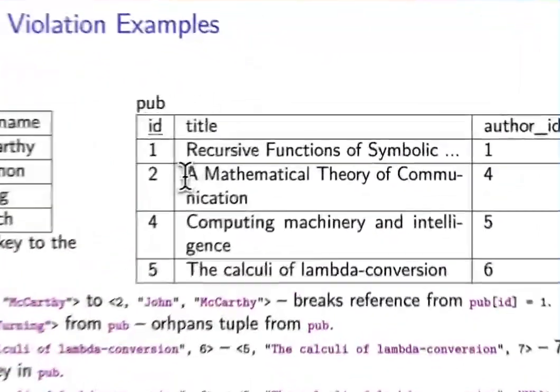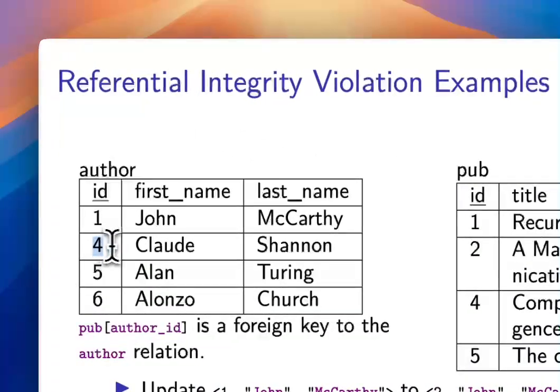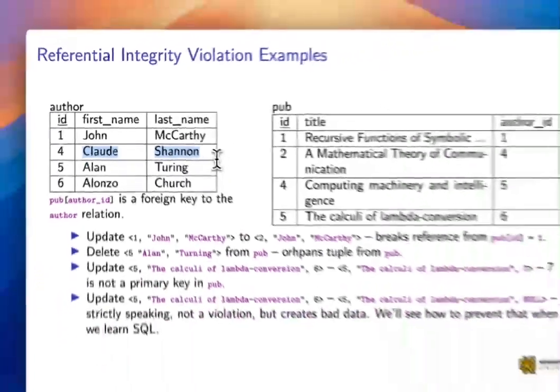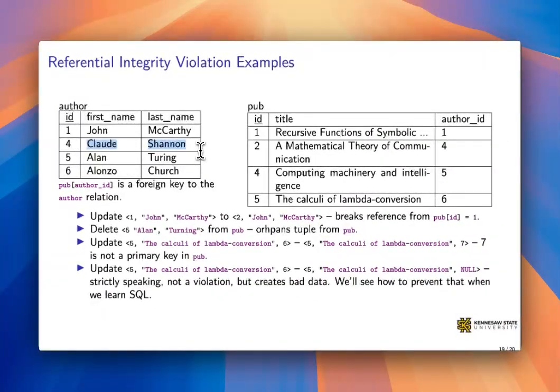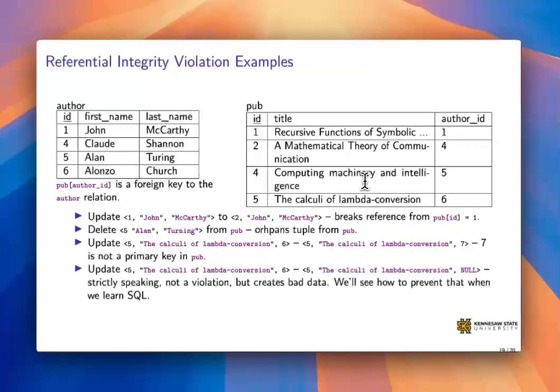A Mathematical Theory of Communication is authored by author ID 4. 4 exists in this table. Of course, that's Claude Shannon's pretty amazing discovery for a master's thesis. And so on, right? So that's how foreign keys work.